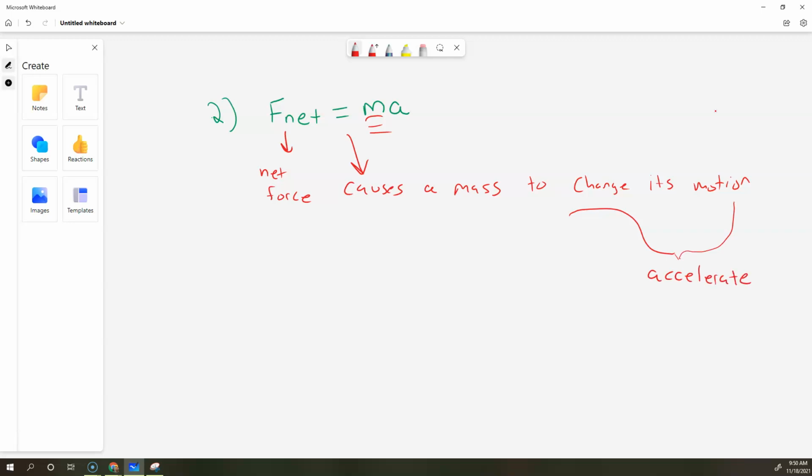Acceleration is a change in motion. It's speeding up, it's slowing down, or it's changing direction. That is acceleration. So a net force causes a mass to accelerate. That is Newton's second law. That's it. It's basically just a mathematical equation.